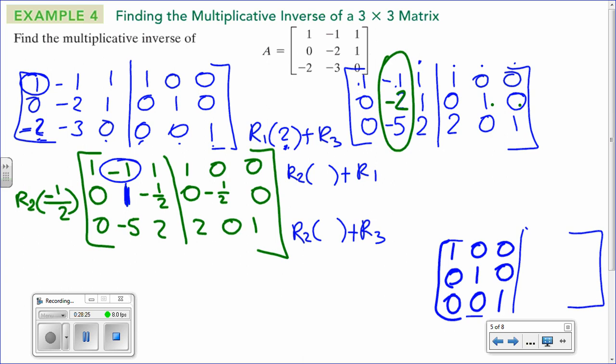So we're going to need R2 times 1 and add it to row 1. Or in other words, we're just adding row 2 plus row 1. First of all, let's copy row 2. Do that, get it out of the way.